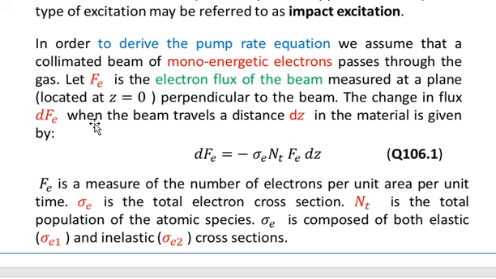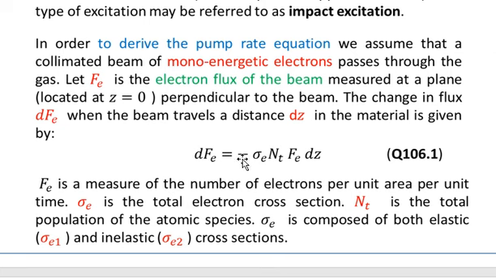The change in flux dFe when the beam travels a distance dz in the material is given by dFe, that is the change in flux, is equal to minus sigma E times Nt times Fe times dz.